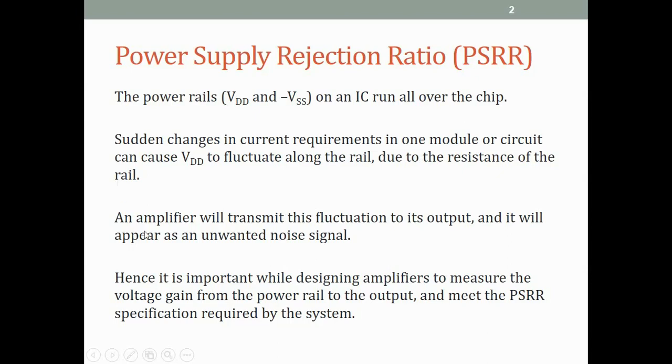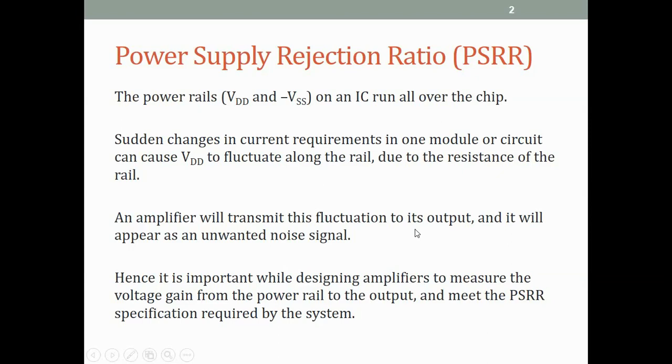Now for an amplifier, these changes in VDD will get transmitted to the output of the amplifier, and they'll appear as an unwanted noise signal. The amplifier output would regard it as another signal, although it's actually not a signal, it is simply noise.